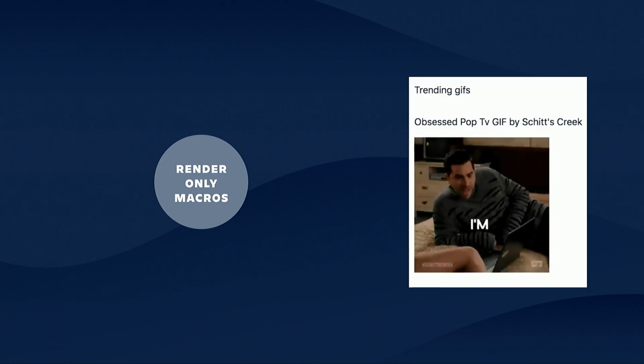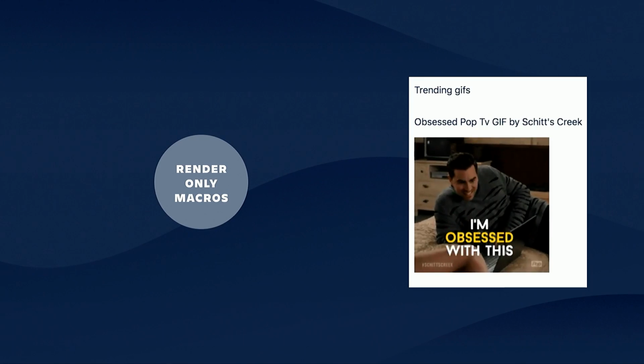And we define this MVP as render-only macros. And these would be macros that just displayed information. So if we were to take an example, think of a GIF app that simply loaded a new GIF from the Giphy endpoint every time the page was loaded. Now, this would be a render-only macro, as it only displays information.